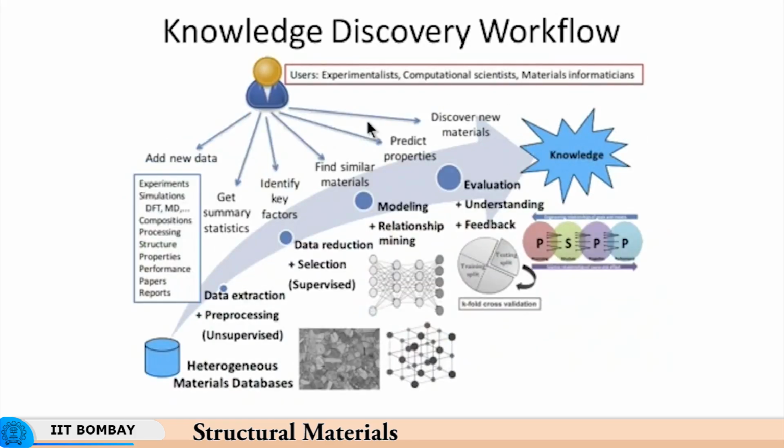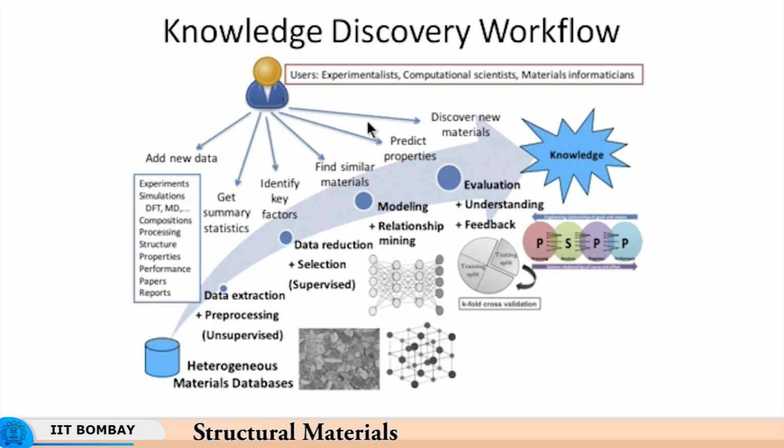So, to summarize whatever we have said so far, we have a knowledge discovery workflow which starts with a heterogeneous material database, and then we go towards the process, structure, property and performance correlation, and that is stored as knowledge.